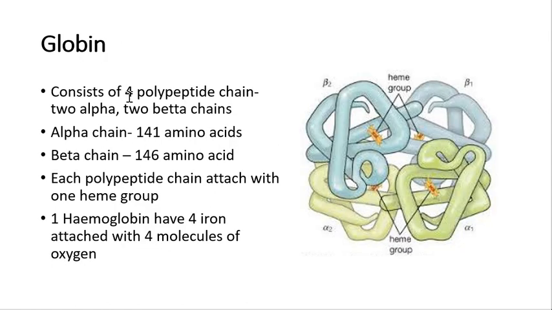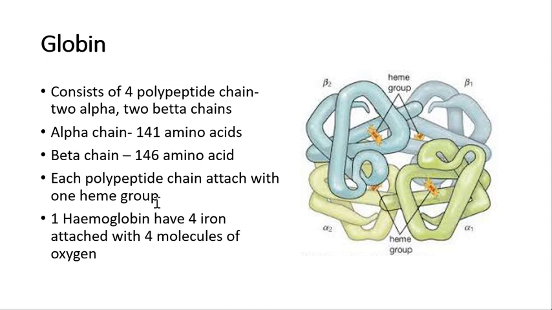Coming to globin, which is polypeptide chains. As the name shows, there are 4 polypeptide chains joined together: alpha 1, alpha 2, beta 1, beta 2. So 2 alpha and 2 beta units. Each polypeptide chain attaches with one heme group.